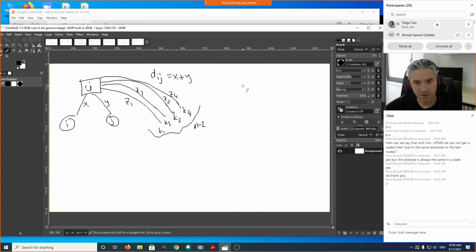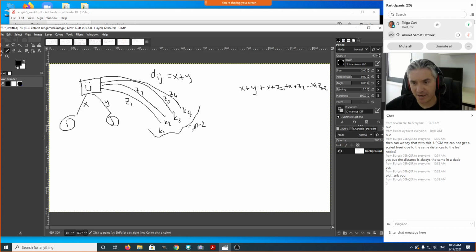If you write those up, what you're going to have is x plus y is the distance from this one, and then you're going to have x plus z1, x plus z2, and all the way to x plus z(n minus 2).